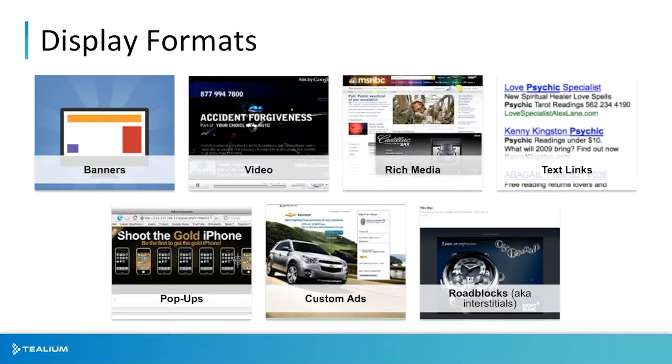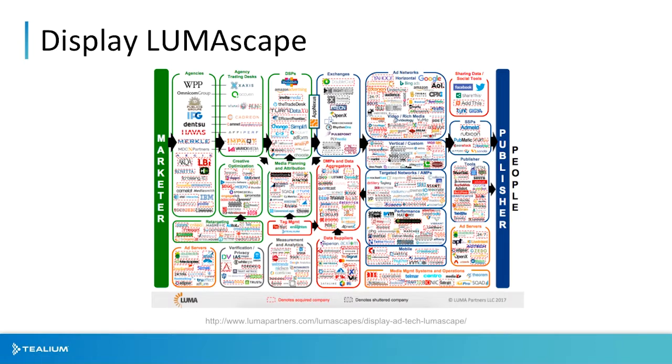Custom ads that are based on contextual understanding of your visit and how it relates to the segment that you belong to. And even roadblocks that suppress entry into a website, like interstitials that appear on some of the more popular paid publishing websites for the content they offer. All of these are forms of display.